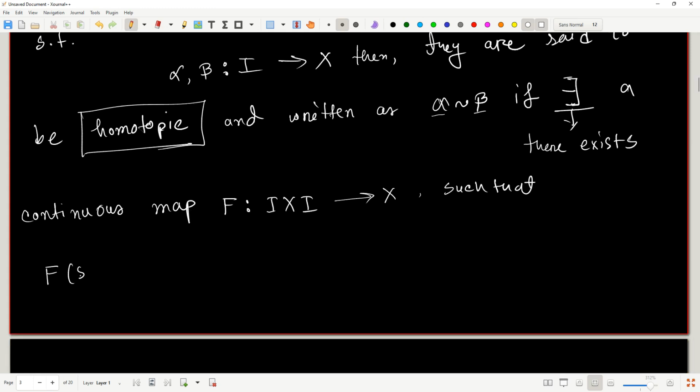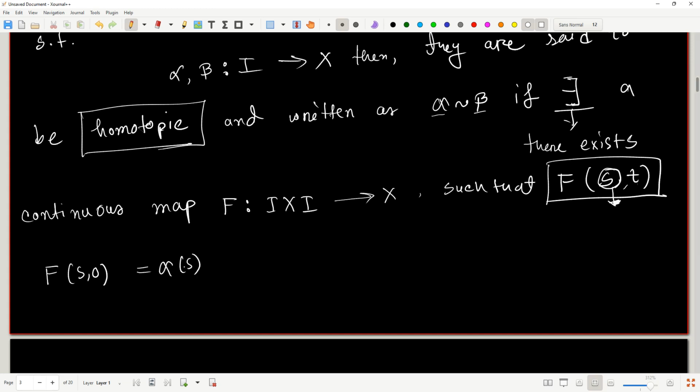F of s comma 0. Let me show you what this F actually looks like. It looks like this, s and t, and I'll explain what s and t are in a moment. For now, what you need to understand is that the leftmost one is the parameter s and the rightmost one is another parameter t. When t equals 0, we call this alpha of s. When t equals 1, we call this beta of s, for all s belonging to the interval.